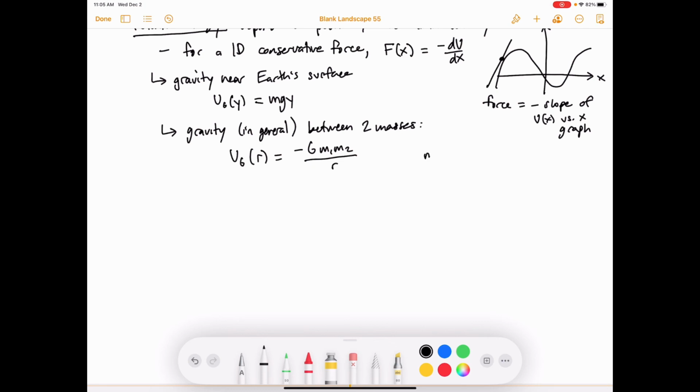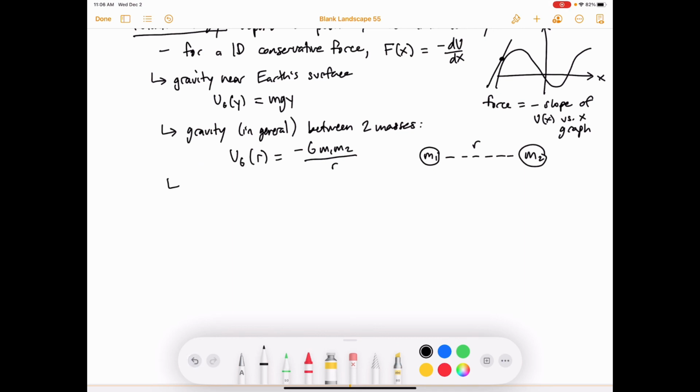So the picture we should have is you have a mass m1, you have a mass m2, r is the distance between them, and so the potential energy in this situation just depends on the two masses, m1 and m2, and the distance r. Okay, so we only use the previous formula when you're close to Earth's surface. This one applies more generally. That's the idea.